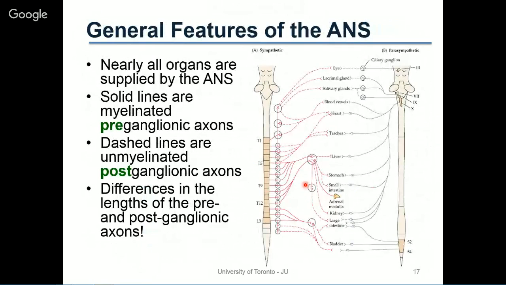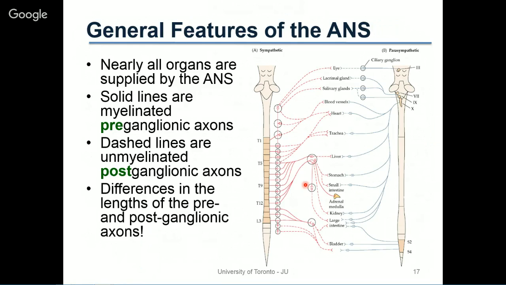The other basic concept is the sympathetic nervous system originates only in the spinal cord, from the thoracic level all the way down to the lumbar, so it's thoracolumbar for the most part. Some of you were pointing out that some of these are dashed lines, so they're not myelinated. The majority of these are myelinated axons that you see.